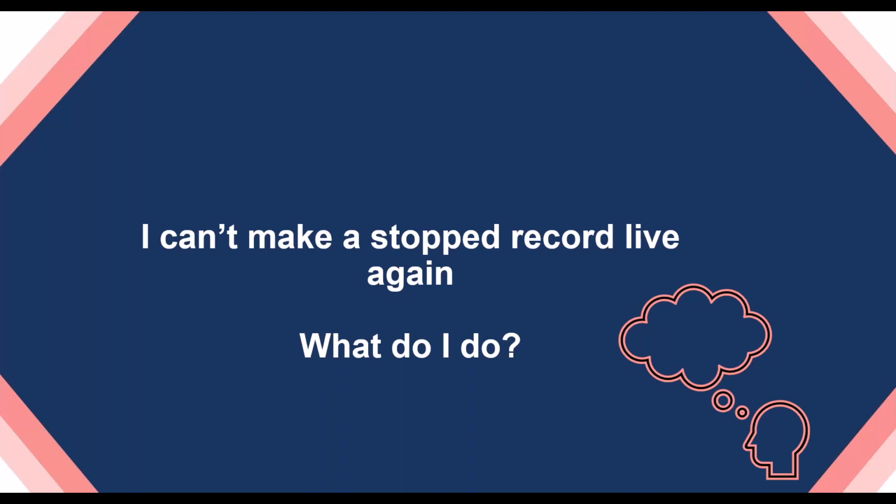I mentioned earlier that when a learner is recorded as going on a break in learning, we would typically hope to see that the employer's apprenticeship service record would be paused and then resumed. But what do we do if the employer's record is stopped? We can't make that stopped record live again, so what do we do?